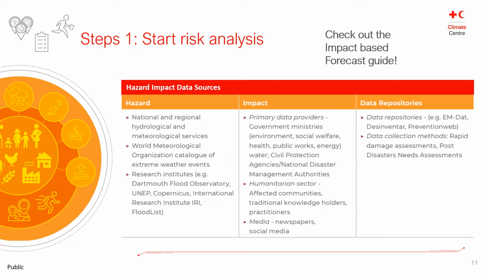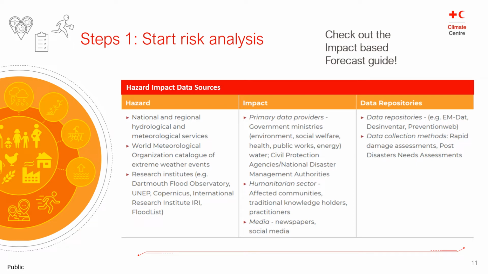I would recommend you look into the impact-based forecasting guide on the Anticipation Hub website because it has really good examples and ideas of what this process of understanding risk is, in addition, of course, to the anticipatory action or forecast-based financing manual.